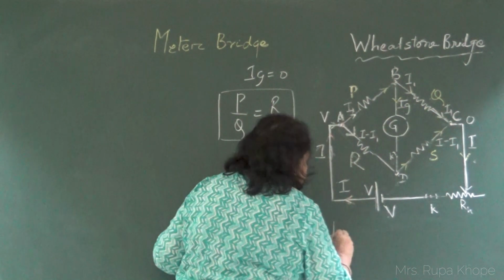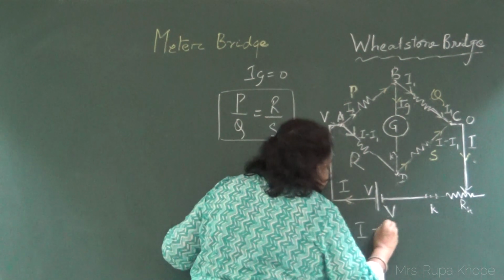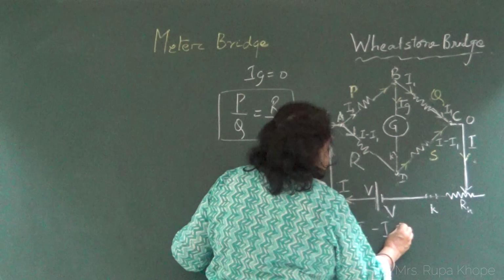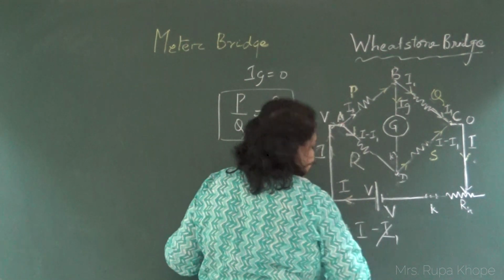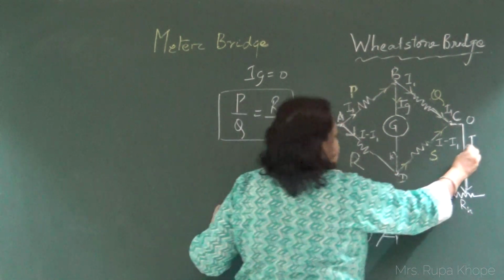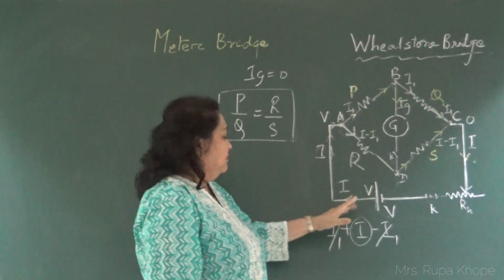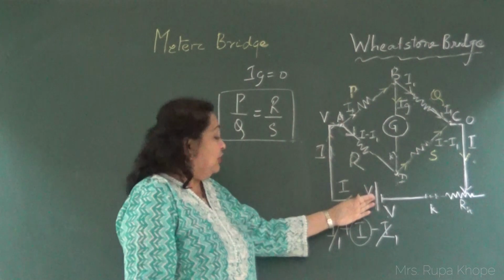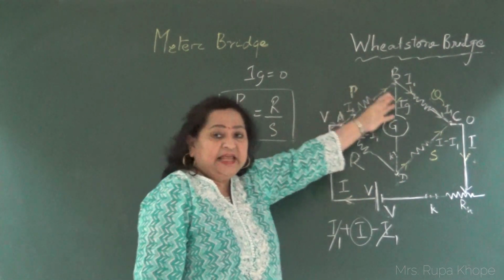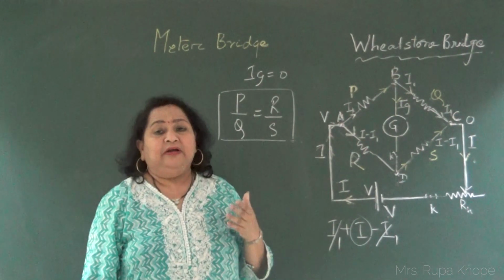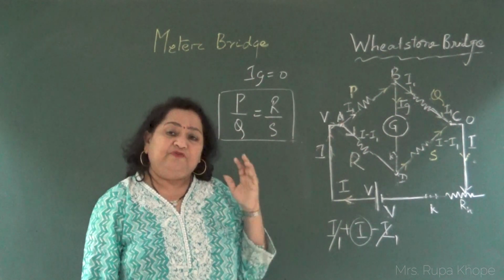I1 plus I minus I1 becomes I, because I1 cancels. So the current I comes back to the battery. The rule of the battery is that whatever current it gives out, the same current has to come back to the battery. It is the principle of conservation of charge.